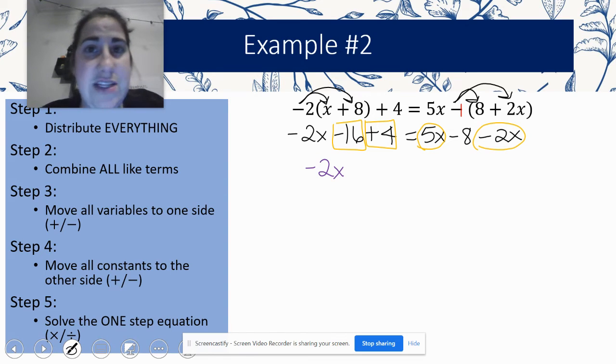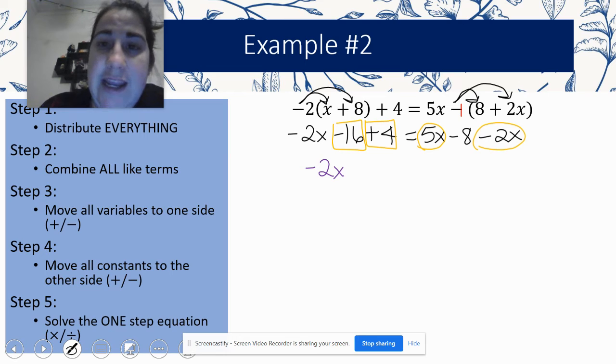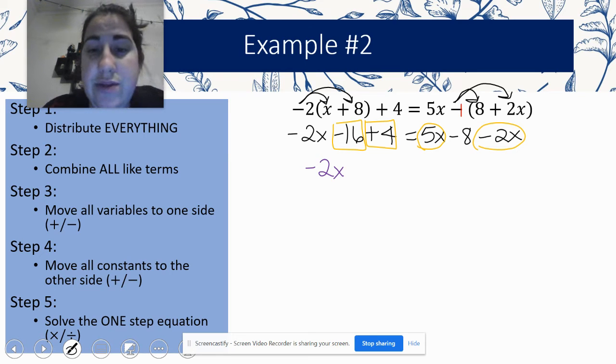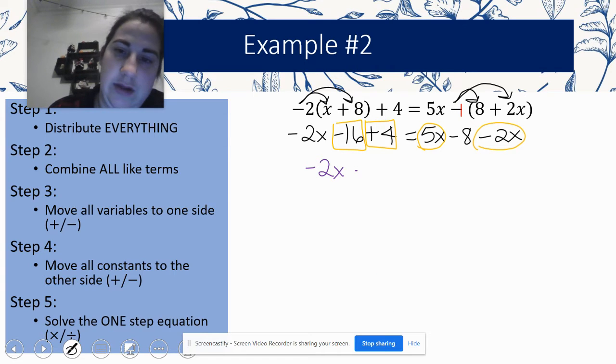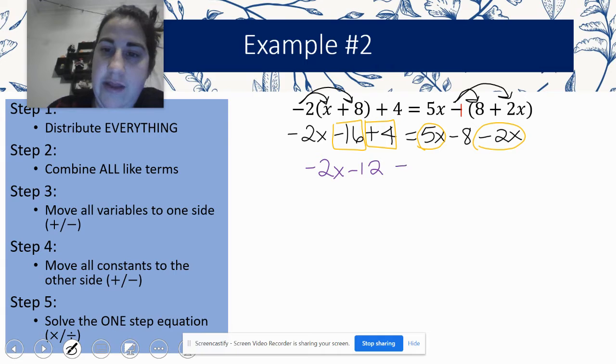Those are two different signs, so I need to subtract and keep the sign of the larger absolute value. So negative 16 plus 4 is negative 12. And then on this side, I have my x's to combine. So 5x minus 2x is 3x minus 8.